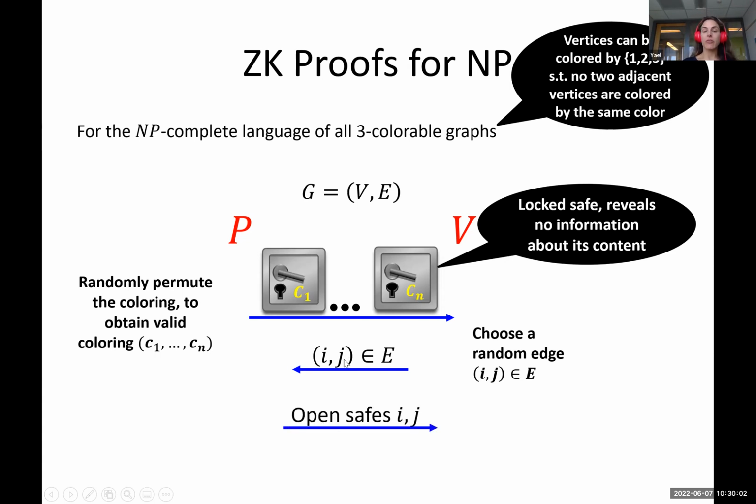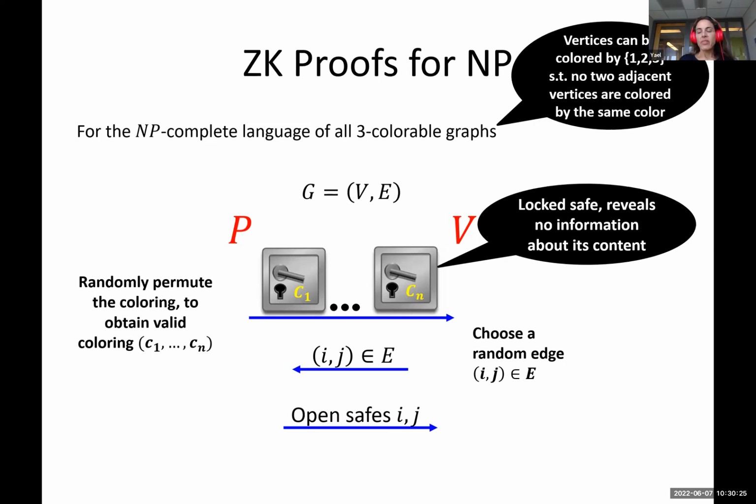And the prover needs to give him the two keys to the ith safe and the jth safe. Then the verifier opens the safes, and he checks that the colors are legal, that both are between 1, 2, and 3, and that they're different. And if so, he accepts.